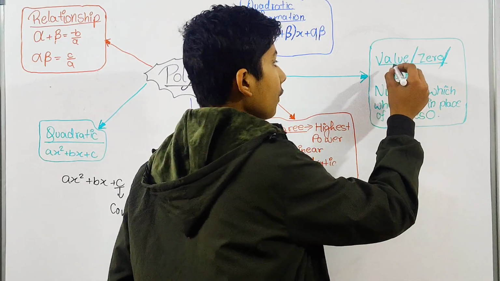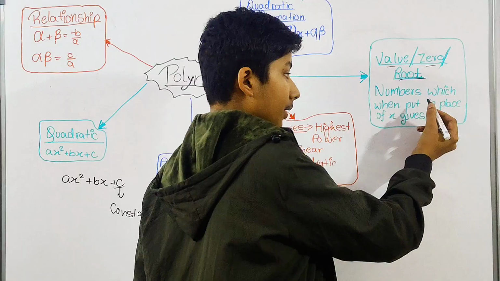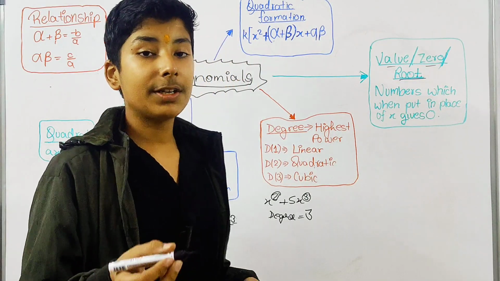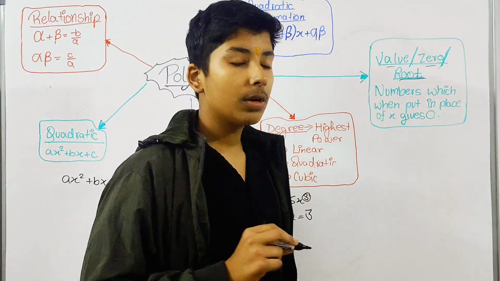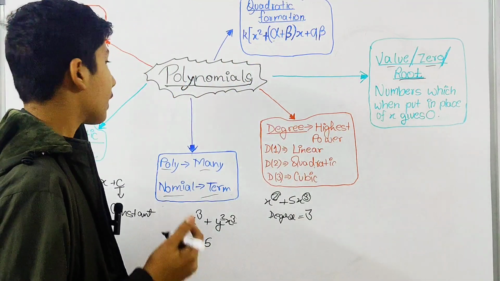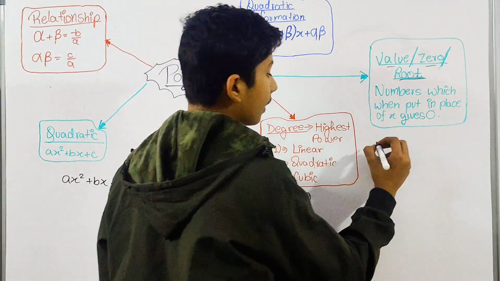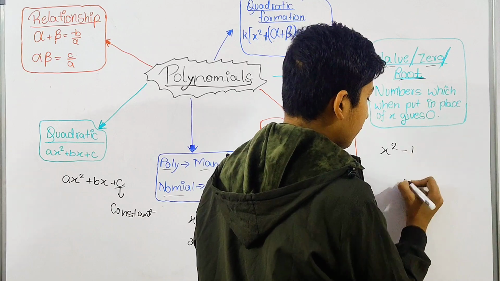Now, to understand these things, you will have to understand this. Now, what are values 0 and roots? So, numbers which when put in the place of x give the term 0 are known as zeros or values or roots. Okay? Example. See, there is an example x square minus 1.